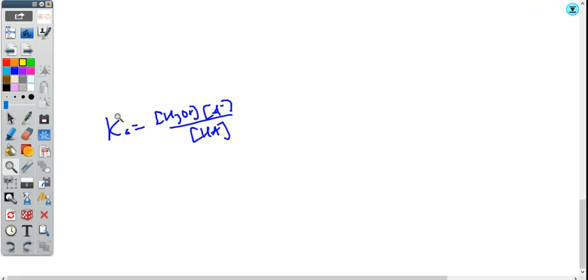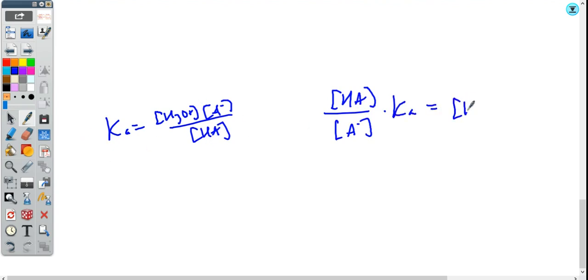You can rearrange this equation and solve it for hydronium. So algebraically, I could multiply each side by HA and then divide by A minus. So acid over base times Ka, I just brought these two things over to the other side, equals hydronium ion concentration. We use this when we're working with a buffer, which is what we have once we start dropping in that base.